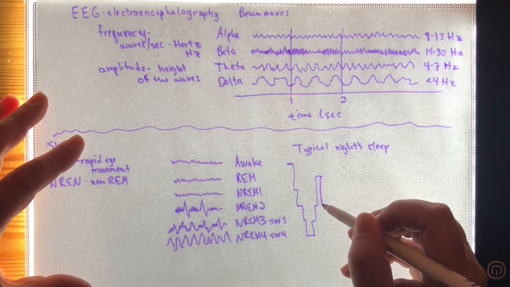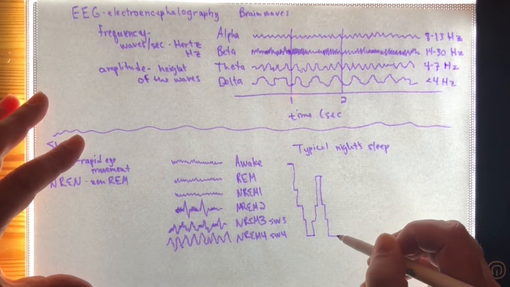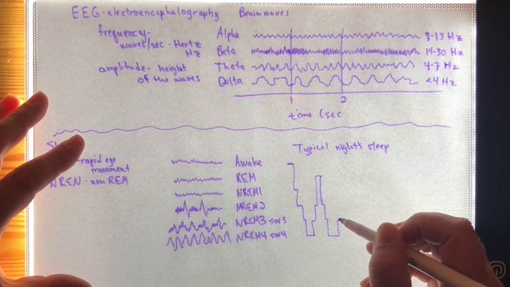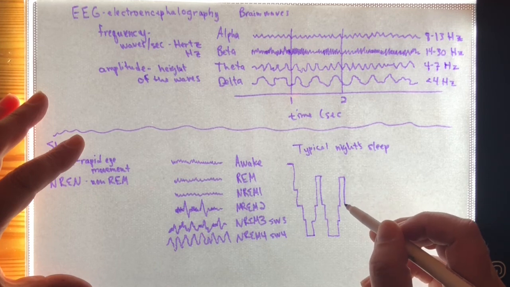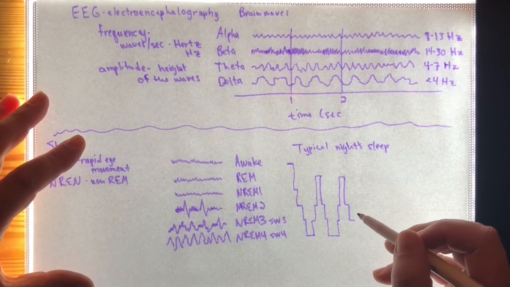So here we have our first REM of the night, and then we plunge back into our deepest levels of sleep. You'll see that non-REM 4 is achieved twice, basically these first 2 cycles, and then we keep coming back up. And then our REM cycles are going to start to get a little bit longer, and we're going to be less likely to plunge into those deepest levels of sleep.